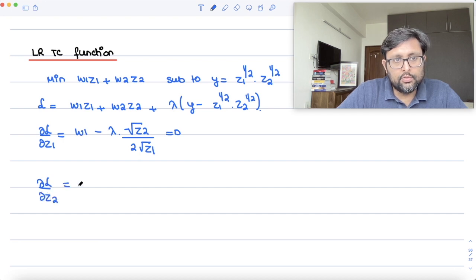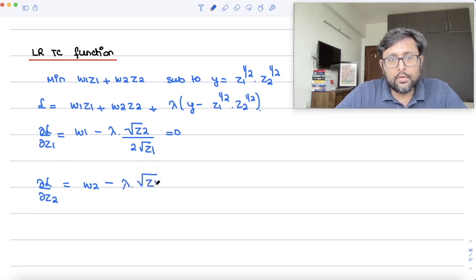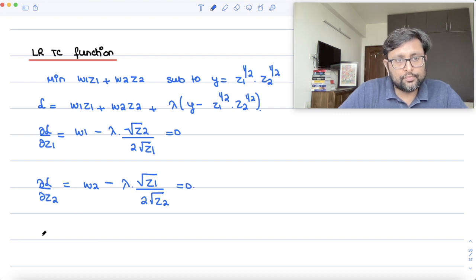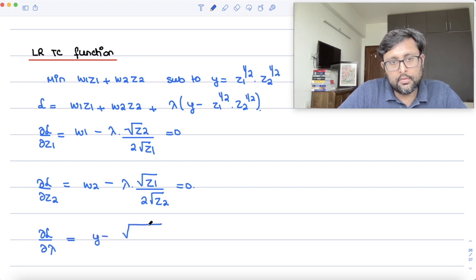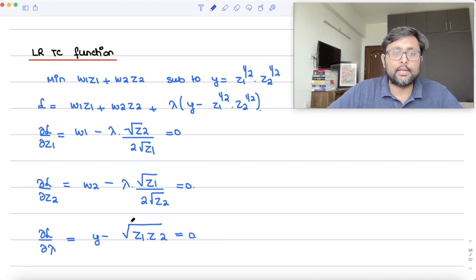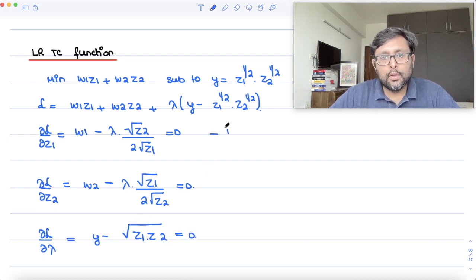Del L by del Z2 is W2 minus lambda times root of Z1 whole upon 2 root of Z2. And del L by del lambda is like this. So this is expression 1, expression 2, and equation 3.